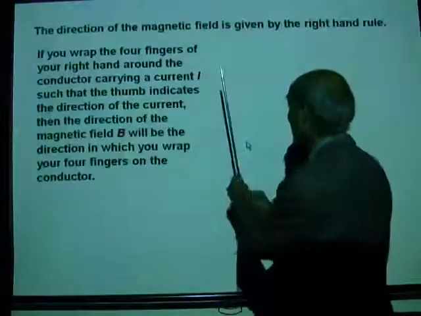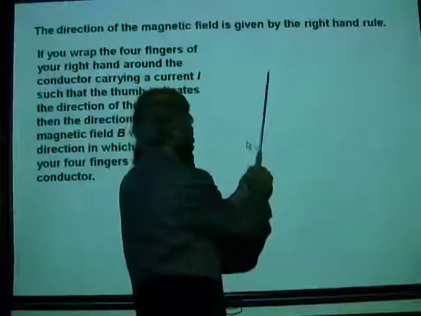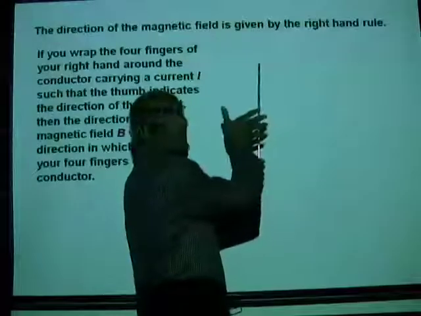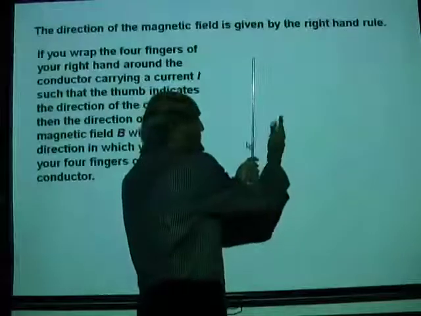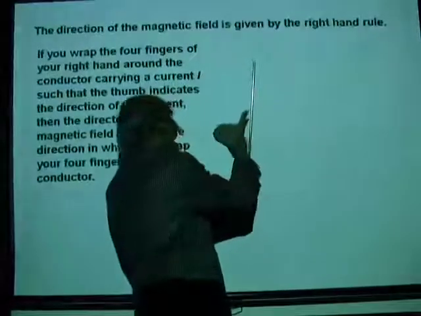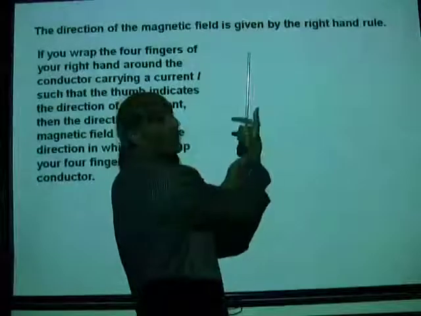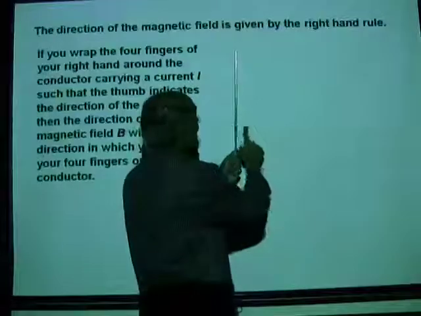But if I show it here, look at this. The direction of the current is upward, then the field will be to the right of the conductor into the board and out from the board on the left. The direction of the field will be like this.